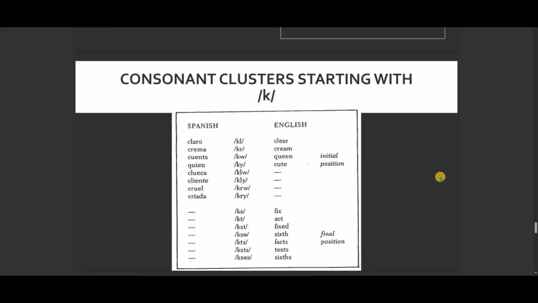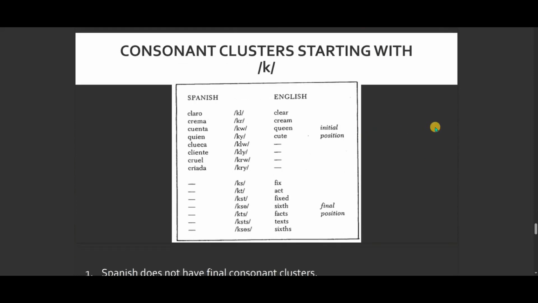Then we also have consonant clusters starting with the K sound. In the case of Spanish, we have initial position K clusters, like in claro, crema, cuenta, quien, cloaca, cliente, cruel, criada.